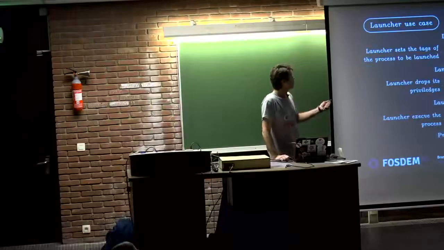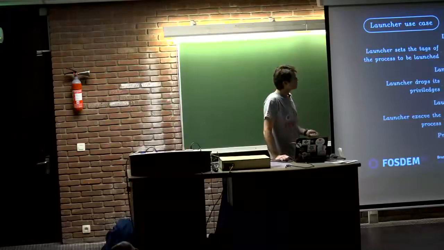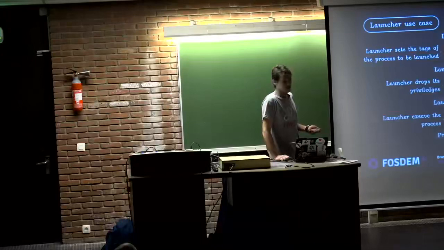So here are examples of use cases. The launcher use case. Okay, the launcher here has some tags that allow it to create new tags for the launched process. Then it drops its privilege, and at the end, it execs the process it has to launch, and the process is now tagged with what the launcher expects to give.